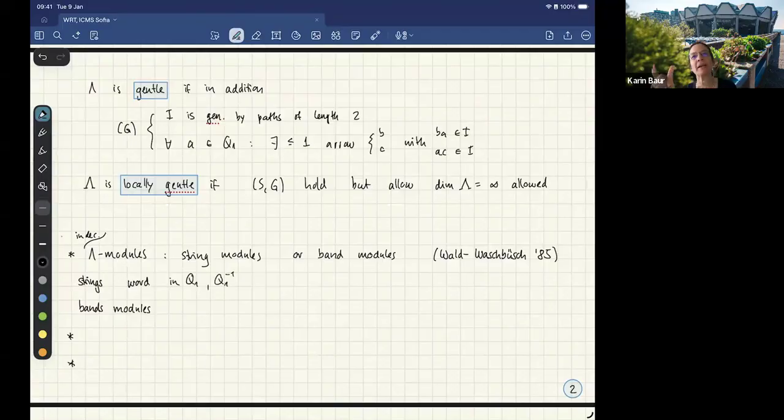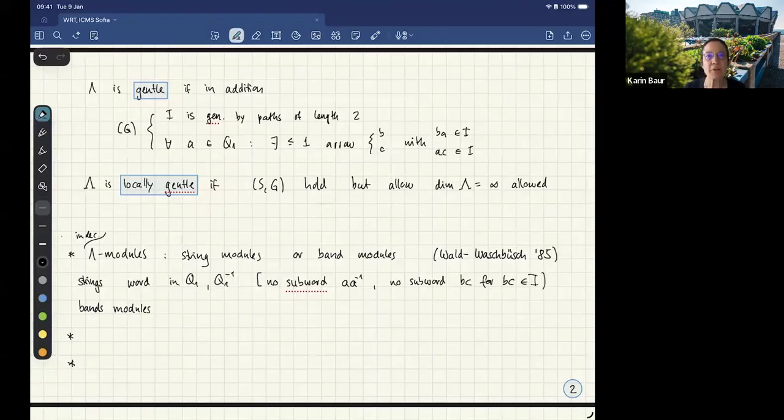So you formally add inverses of arrows, and there are some conditions. You don't want to have a trivial subword, so you shouldn't redundantly do A and its inverse directly. And you also don't want to take subwords which would be killed by the relations, so no subword BC for BC in the relations.